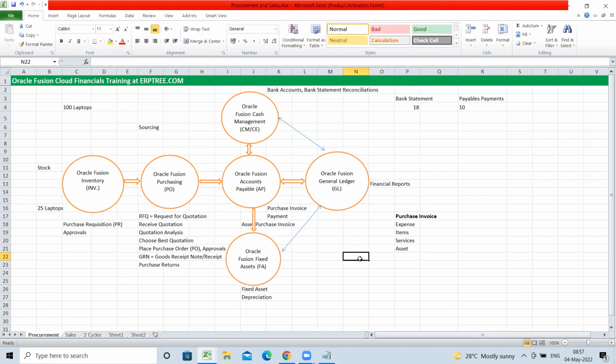So we receive the data into the Oracle Fusion General Ledger application from all the applications: from inventory, accounts payables, fixed assets, cash management, from all these different applications. We collect the data into one application called Oracle Fusion General Ledger. Fine. So this is how for each and every department we have a separate application from Oracle.